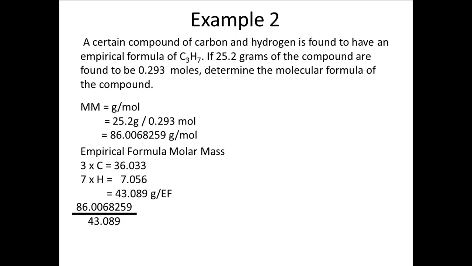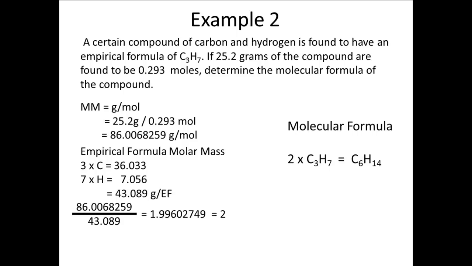Dividing the molar mass of the compound, 86.0068259, by the empirical formula molar mass, 43.089, gives us 1.99602749, which can be rounded off to a 2. So the molecular formula is 2 times C3H7, which equals C6H14.